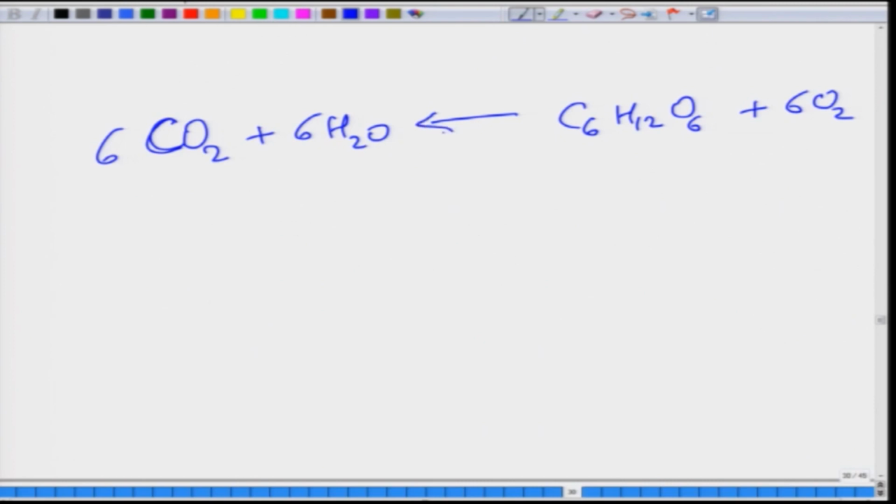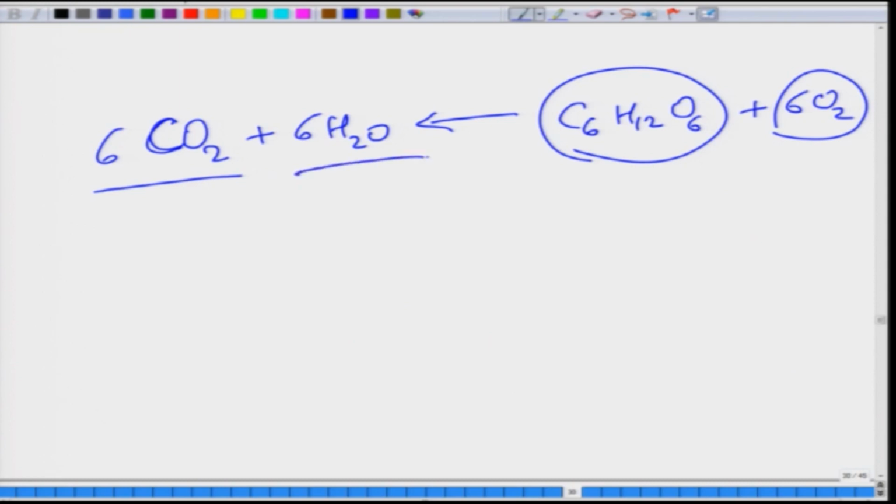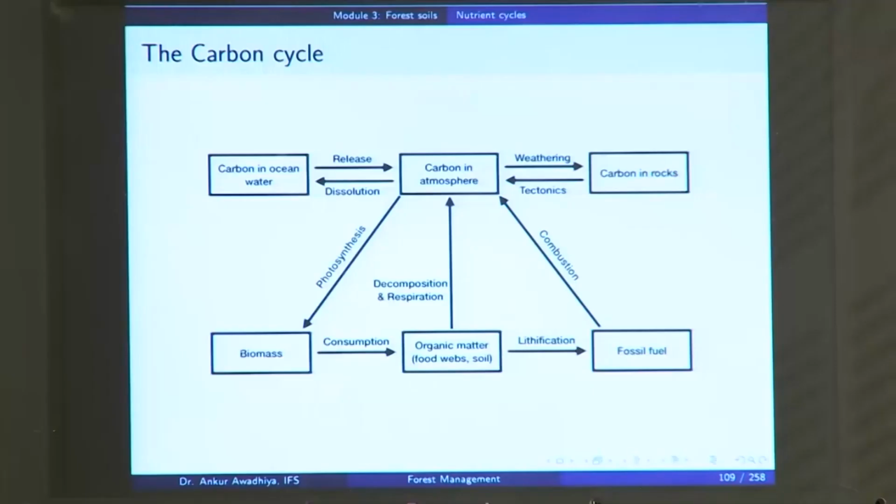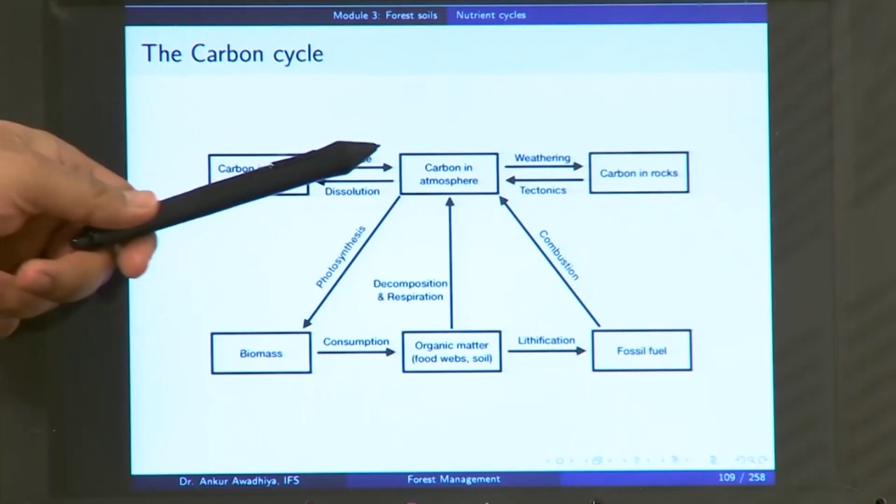So, the sugars are burnt in the presence of oxygen in the cells, in the mitochondria, and carbon dioxide and water in turn are released back. Through the processes of decomposition and respiration, the carbon that was in the biomass is released back into the carbon pool in the atmosphere.